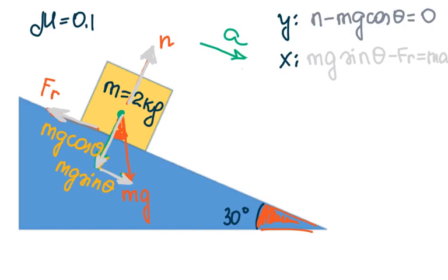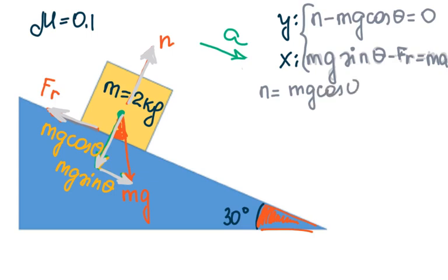I have acceleration along the inclined plane, so that gives me F equals ma. I'm gonna solve, again we're back to a system of two equations. I'm gonna solve the top equation for normal force. So my normal force is equal to mg cosine theta, and I know that friction force is mu times the normal force.